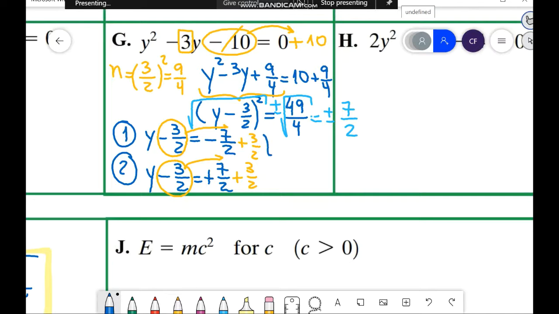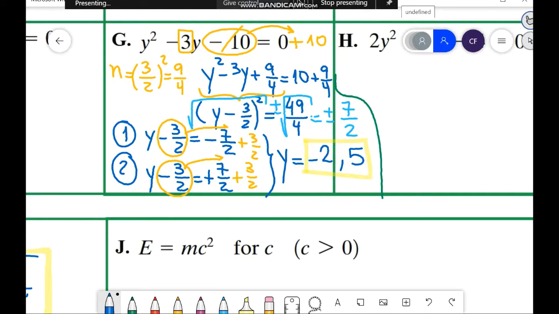The solutions are going to be: y equals negative 7 over 2 plus 3 over 2 is negative 4 over 2. Negative 4 divided by 2, negative 2. And the second solution, positive 7 over 2 plus 3 over 2 is positive 10 over 2. 10 divided by 2, 5. The answers are negative 2 and 5.